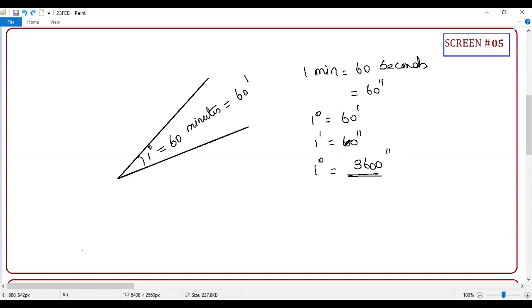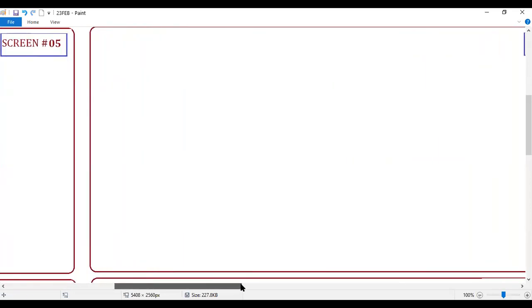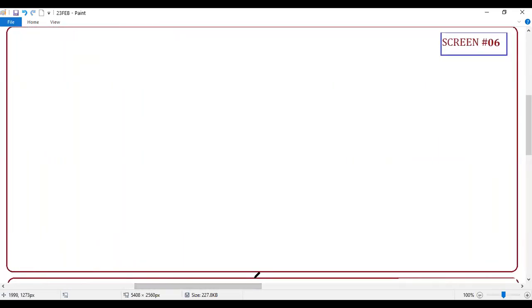Every part has a beautiful relationship between the sides and angles. Clear or not? Each and every degree. So it is not just 1 degree, 2 degree; in between 1 and 2, there are 3600 parts, and every part has a beautiful relation. That is why people are mesmerized with these ratios.